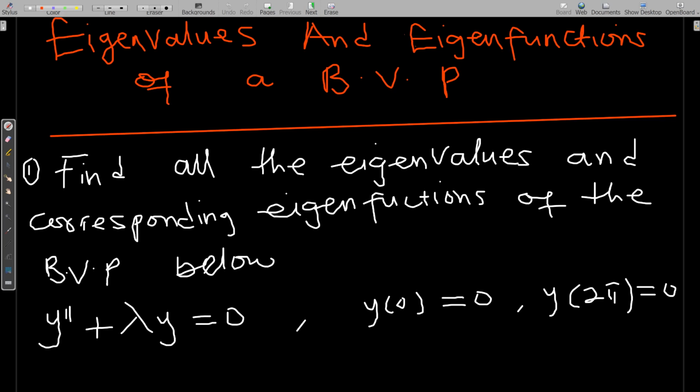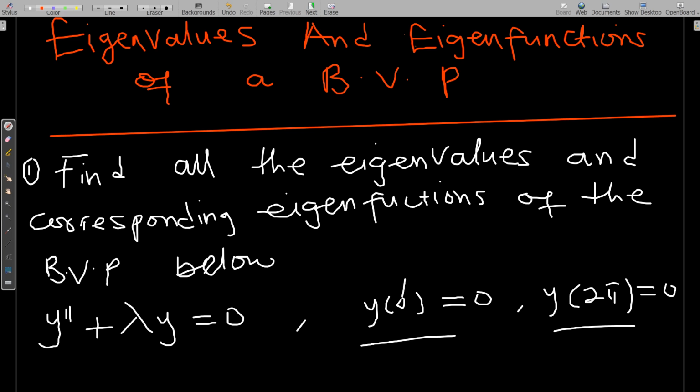Remember, the eigenvalues and eigenfunctions are also related to boundary value problems. When you talk of a boundary value problem, it's just an ODE or a PDE, it can be any form, and then the function is defined with functional values at some boundary. The boundary means that the points where the function is defined are not the same.